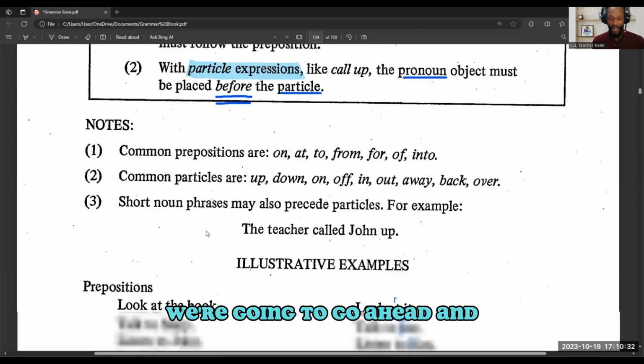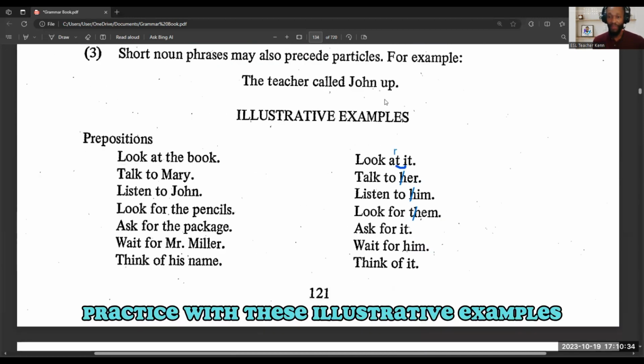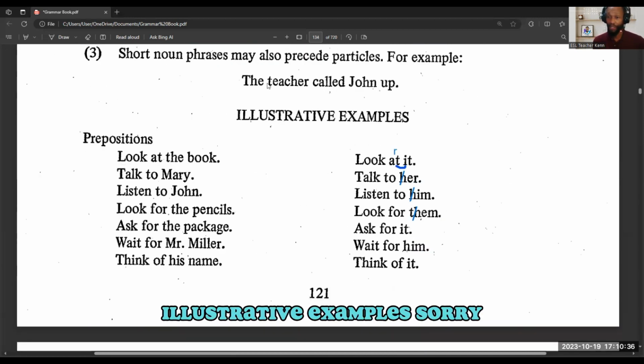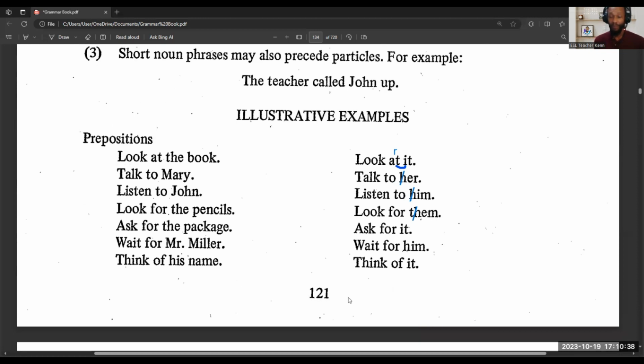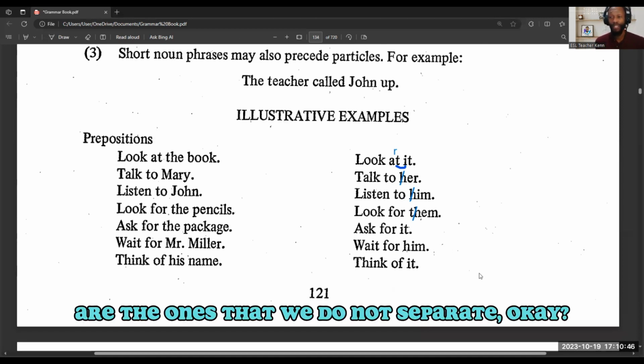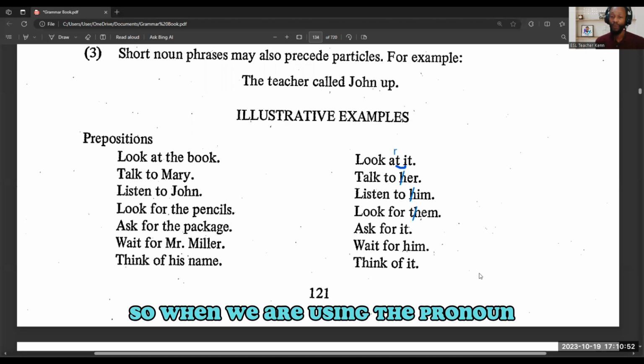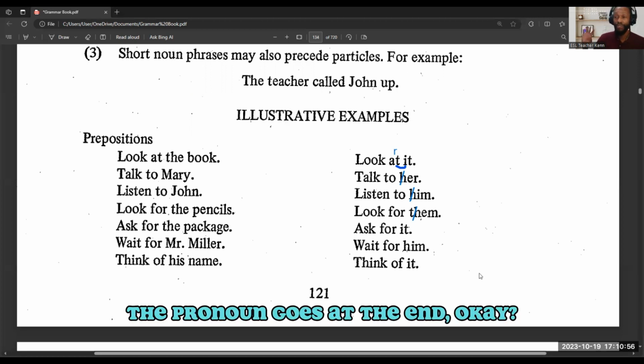We're going to go ahead and practice with these illustrative examples. Again, same page. The ones on page 121 are the ones that we do not separate. So when we are using the pronoun, it goes at the end.